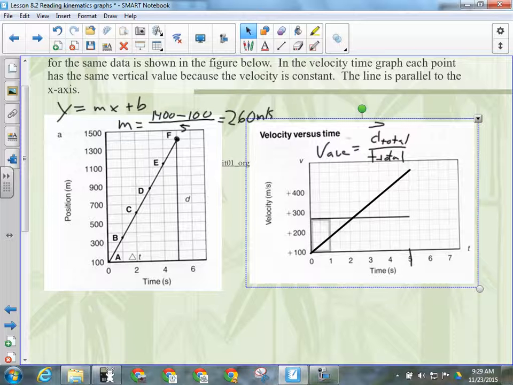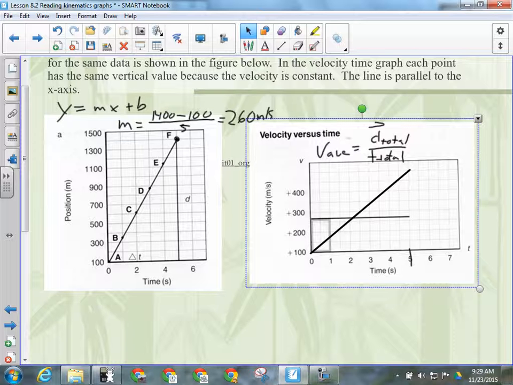So could you do the same thing even though now it's not a rectangle? Sure you could. This thing is still changing its velocity, from down here to up here. It's changing its velocity, but it's changing it at a constant rate. So it went from 100 to 500, over the course of 5 seconds.